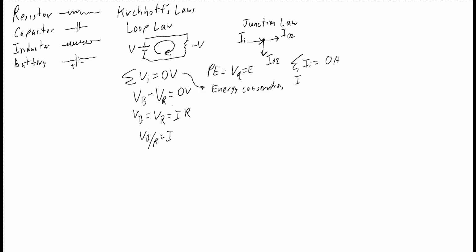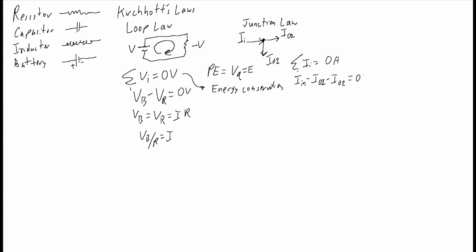Sorry. These sigmas here, these are summing over elements. The loop law is summing over elements, and this guy is summing over the wires coming into the junction. And so we have a current coming in minus a current coming out 1, and a current coming out 2.